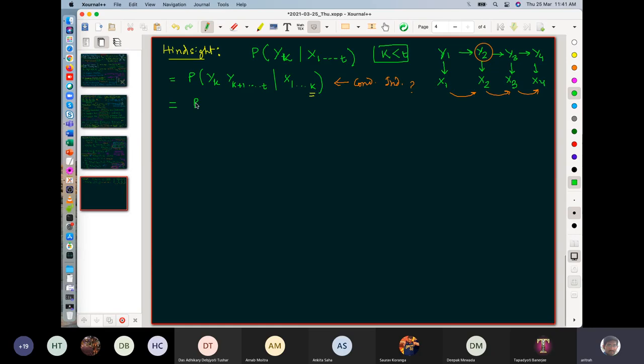If you could do that, then the same chain rule I will apply. So this is the application of chain rule. Now you can see that it is the probability of yk given x1 to xk, this one is my monitoring.